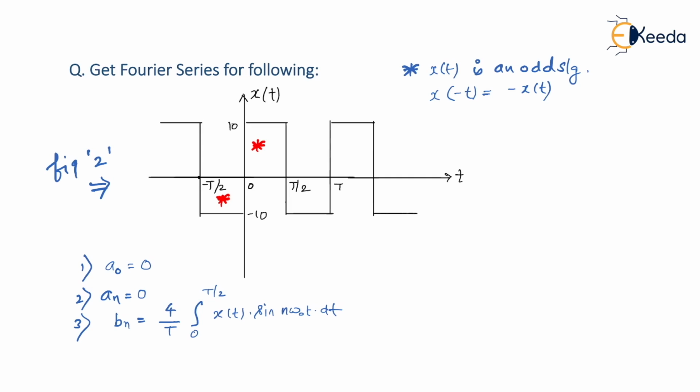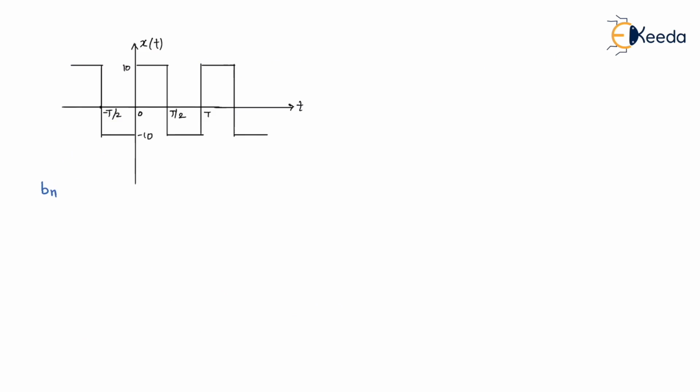Is that right? So I'll be following this formula and I'll get the value of bn as 4 by T integrating over 0 to T by 2 x of t sine of n omega naught t dt.